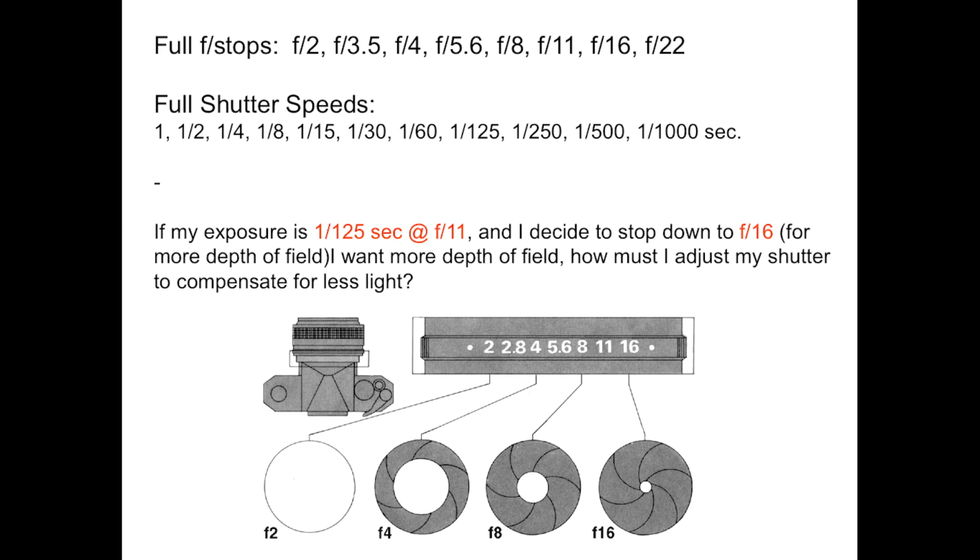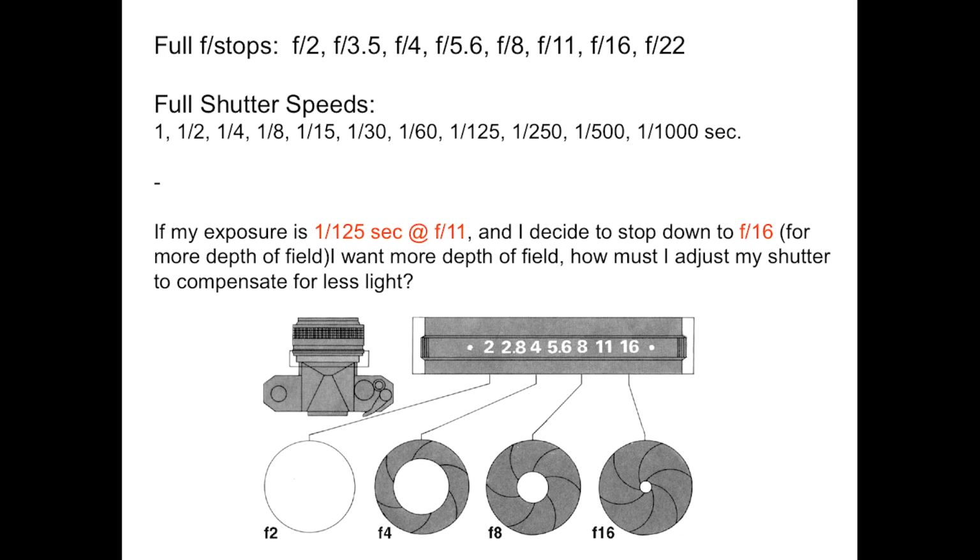At f8, that's a good amount of depth of field, but in this picture, I want a shallower depth of field. I just want to focus on this face and not the trees in the background. And so I decide I want to open up from f8 to f5.6.